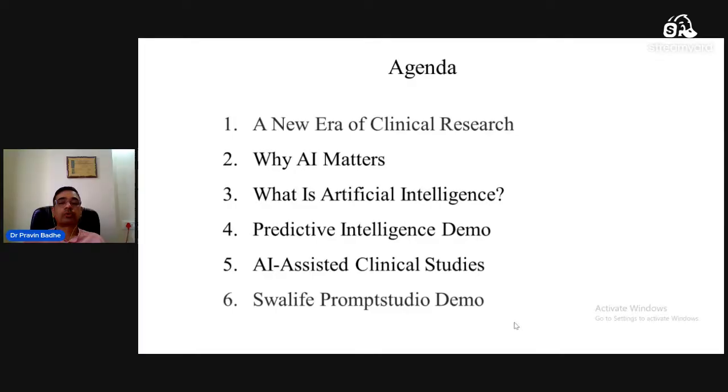I will go through how the clinical research era is changing with the introduction of AI, the types of AI which are developed, and how, as non-engineers, as science background people, we can utilize it, how we have utilized it, and then the tools which we have developed, which can be utilized and developed by academicians and students as well.